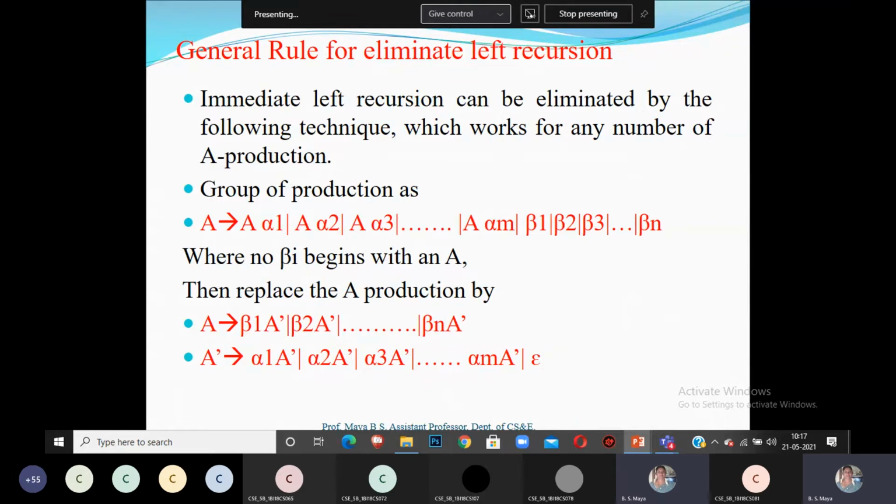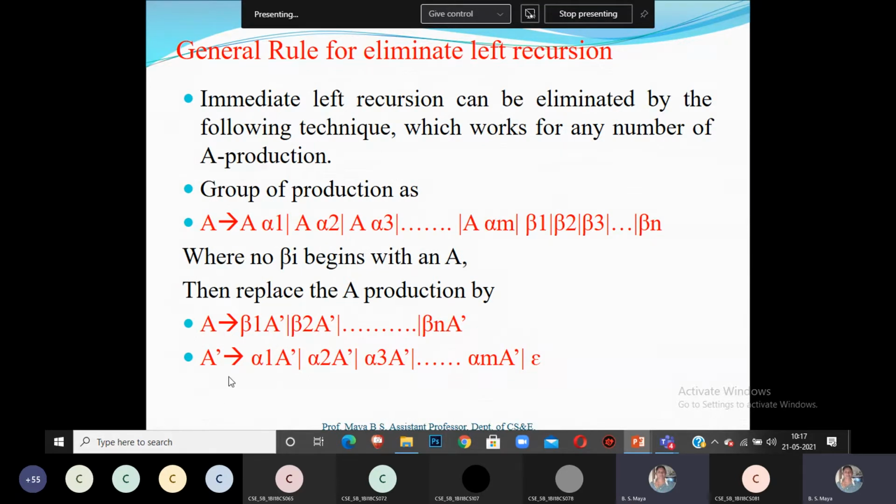Then replace the A production by capital A derives beta 1 A dash, beta 2 A dash, up to beta n A dash. Now, what is A dash? You take the next as A dash.